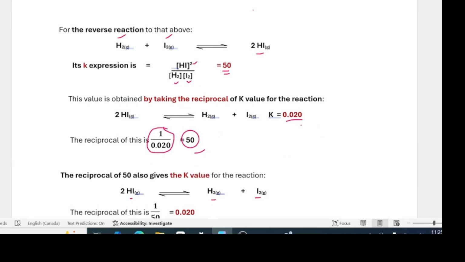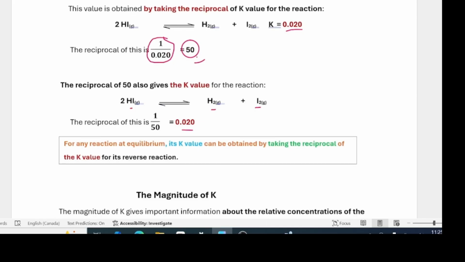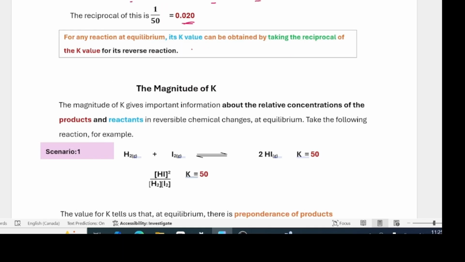If you had this reaction now, and you didn't do that one above, and you wanted to know what would have been its equilibrium constant, you would have found the reciprocal of that, which will turn out to be that. For any reaction at equilibrium, its K value can be obtained by taking the reciprocal of the K value for its reverse reaction. The magnitude of the equilibrium constant.